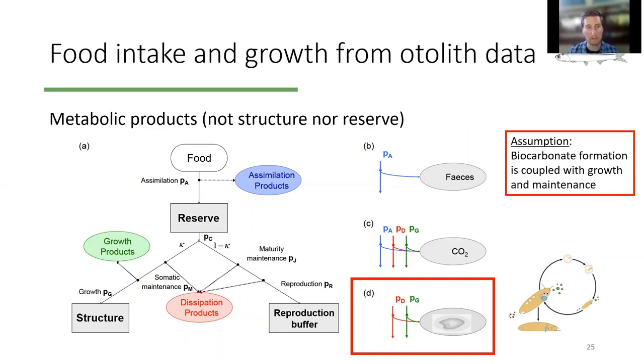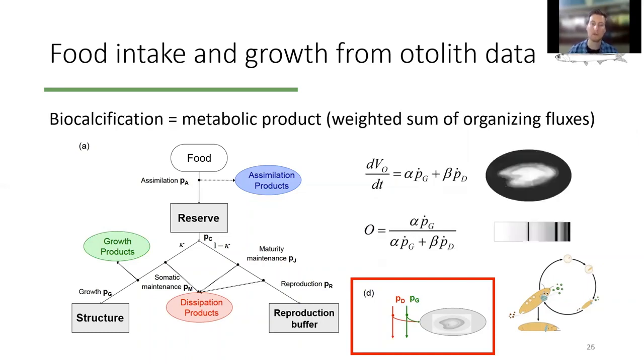And we assume that the creation of biocarbonates such as otolith is the result of two major fluxes, growth and dissipation only, not assimilation.